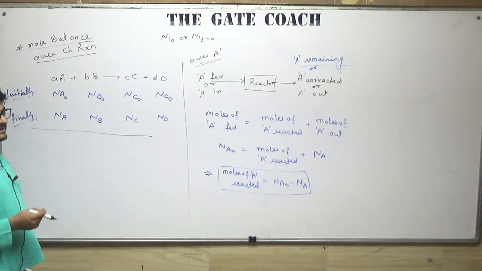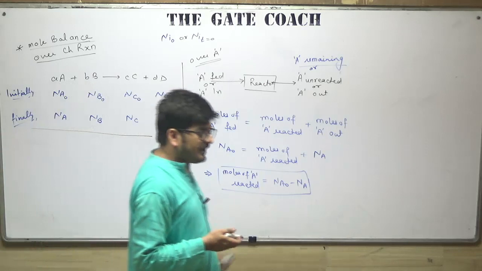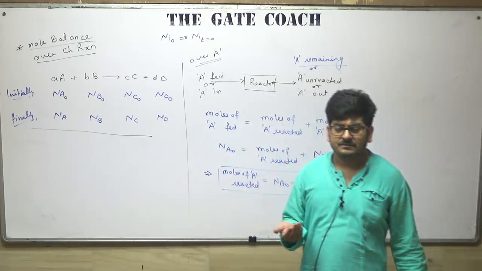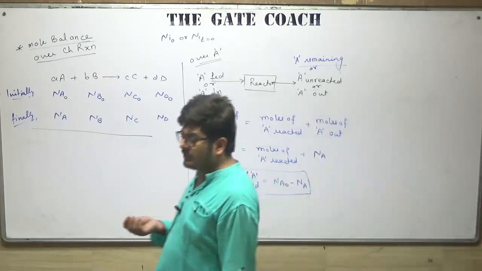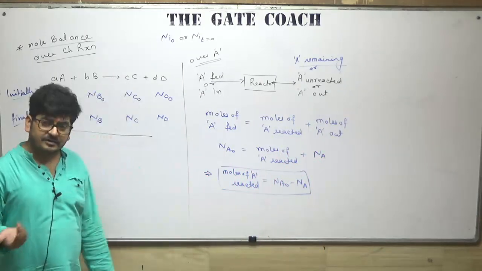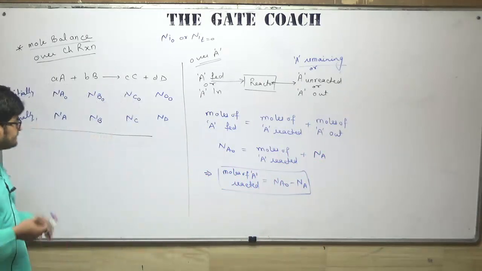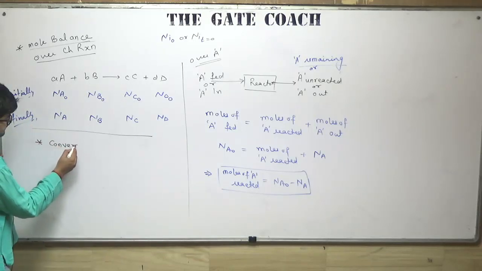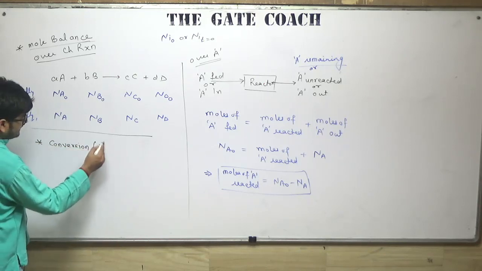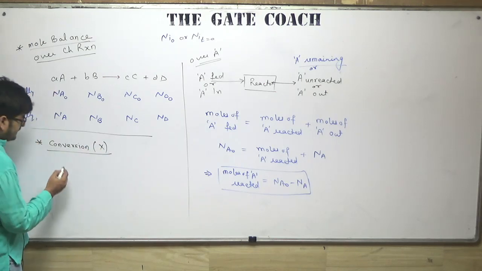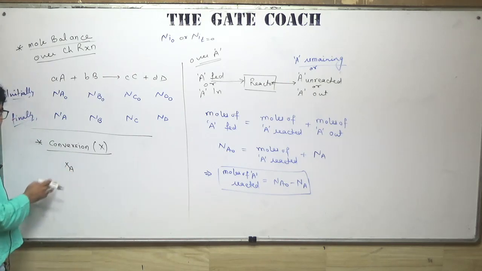And in any reaction system, when we want to find out the extent up to which the reaction has proceeded, or if you want to calculate how many moles of A reacted, then we use a parameter known as conversion, denoted by capital X. And if you want to define the conversion of A, it will be denoted by XA.